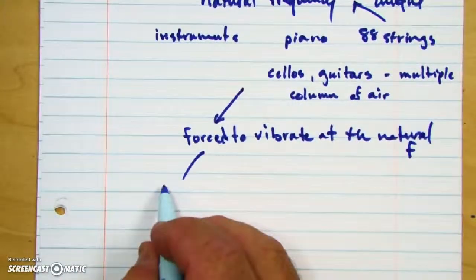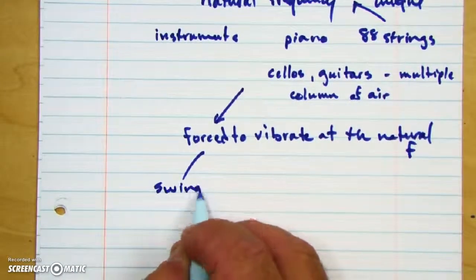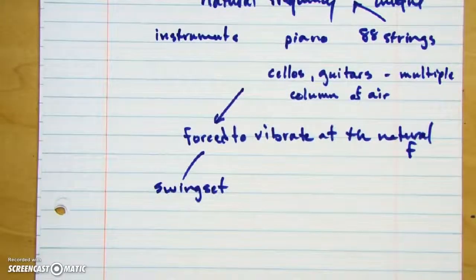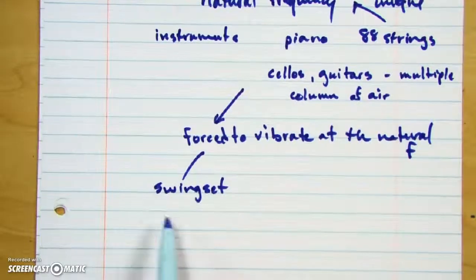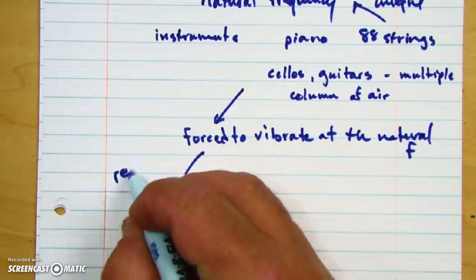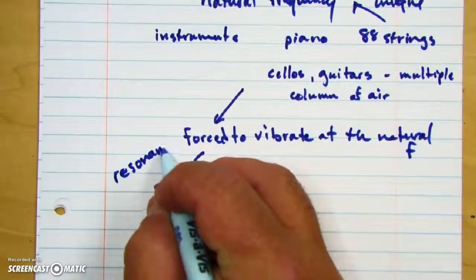A couple places we see this, a swing set. As a kid, you're swinging on a swing set. You add a little bit of vibration at the correct time, your overall vibration can get bigger, but it has to be in tune with the natural frequency of it.